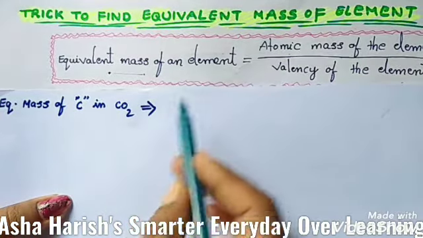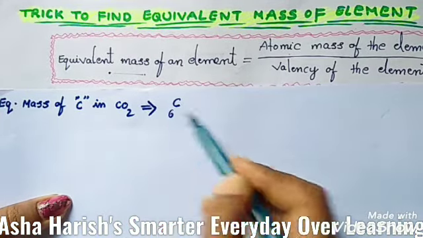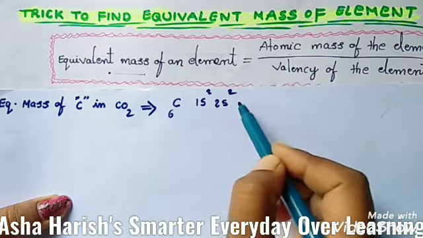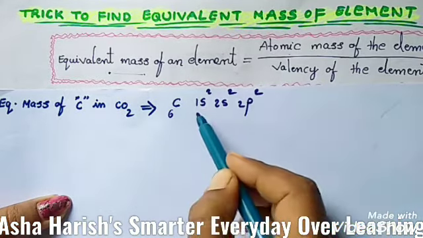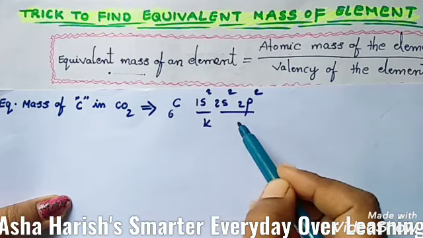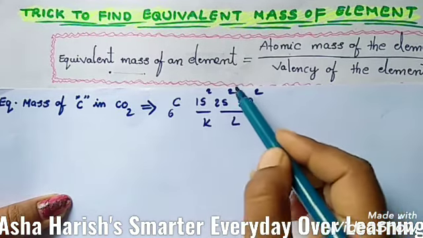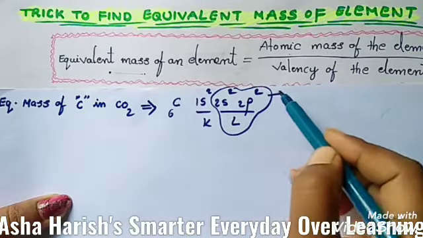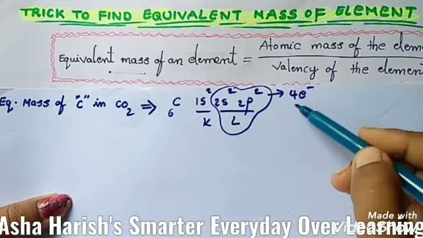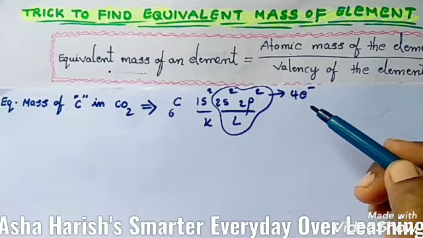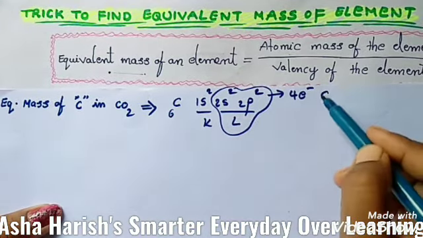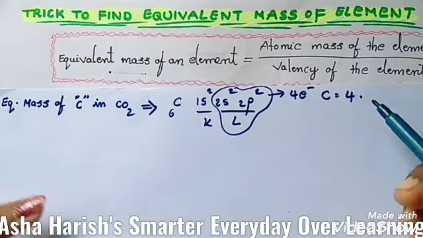Here carbon is the central atom. You know that carbon's atomic number is 6, with electronic configuration 1s2, 2s2, 2p2. This is the K shell and the second shell, the L shell, which is the valency shell, the outermost shell. It contains 4 electrons, so carbon's valency is 4.